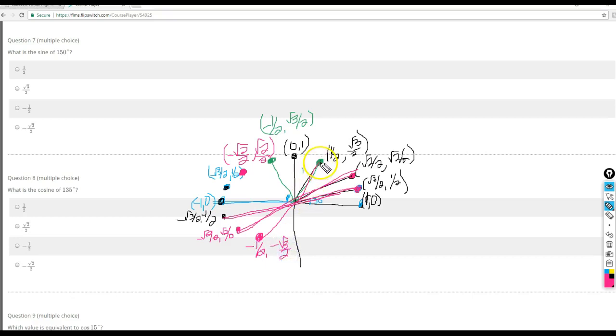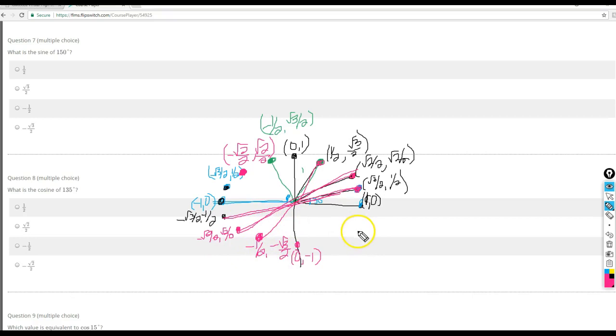And since this one was a reference angle of 60 degrees, I'm going to add 60 to 180, which is going to give us 240. And then this one is 270, which will be 0. Since 0 is neutral, there's no sign associated with 0, and we would have negative 1. So that's how you would build quadrant 3.